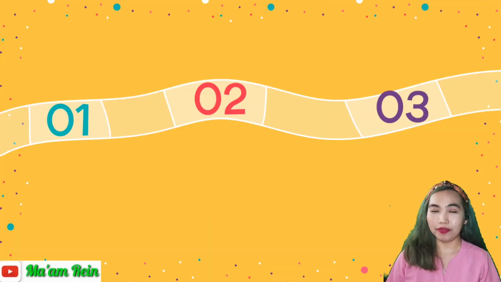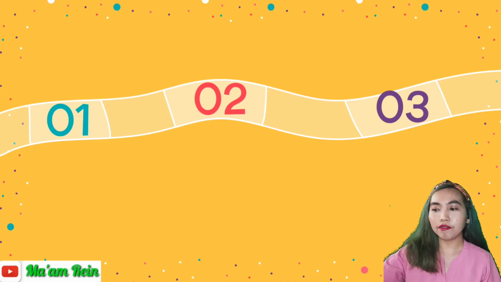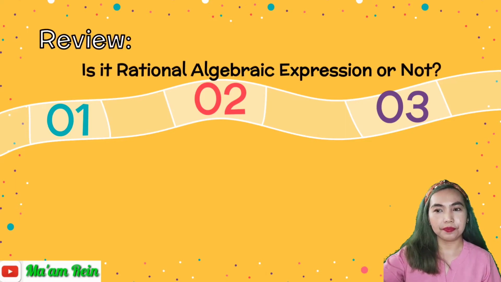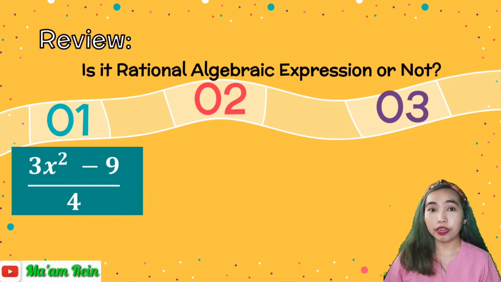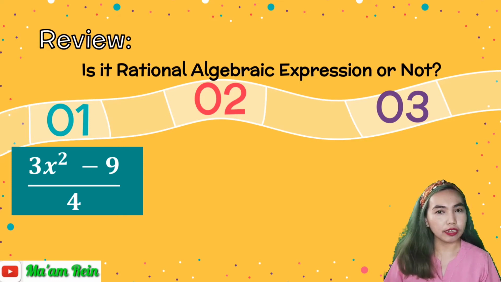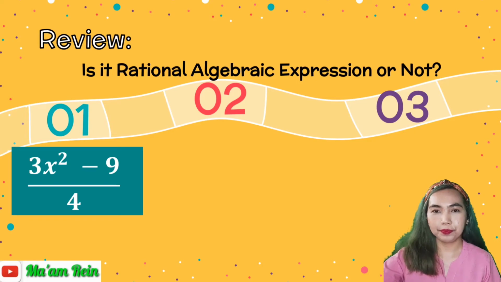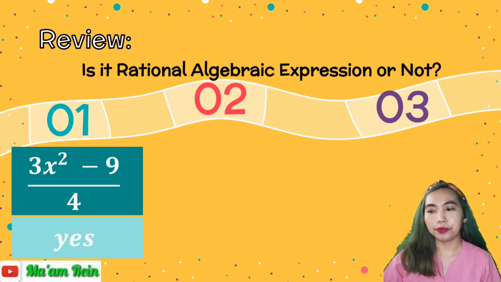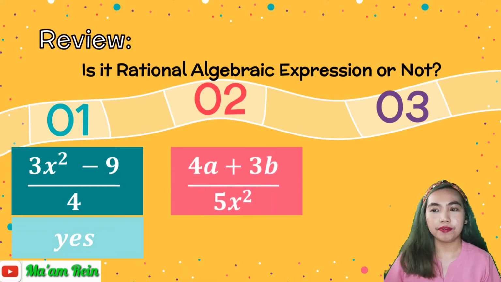Now let's have a review. Is it a rational algebraic expression or not? Let's have number 1. 3x squared minus 9 all over 4. Is it or not? The answer is yes. Number 2. We have 4a plus 3b all over 5x squared.